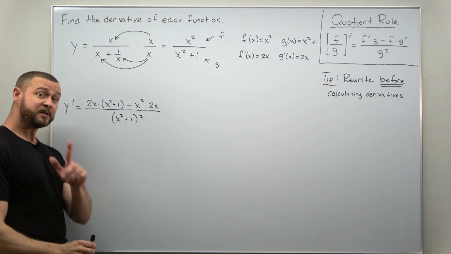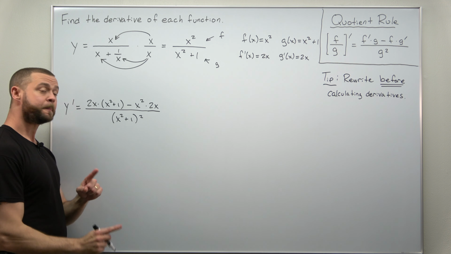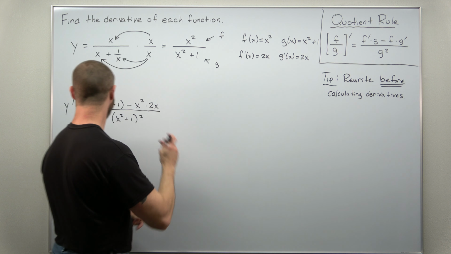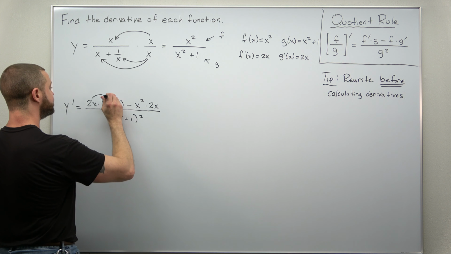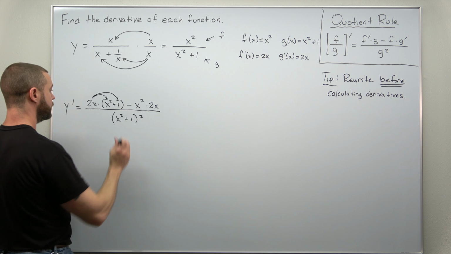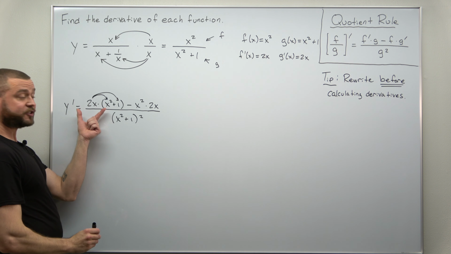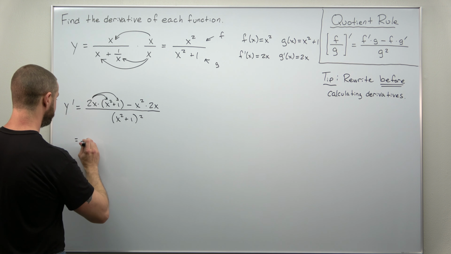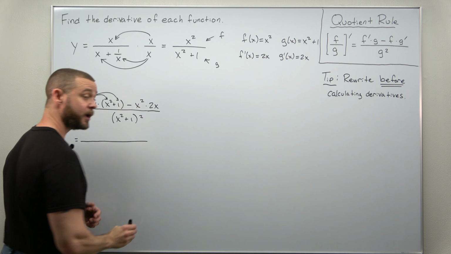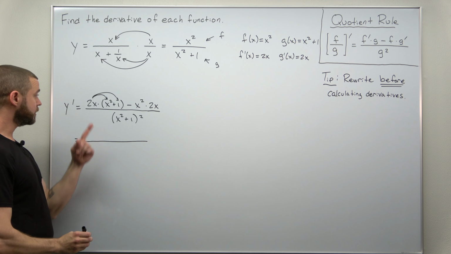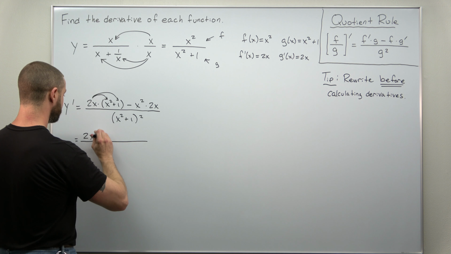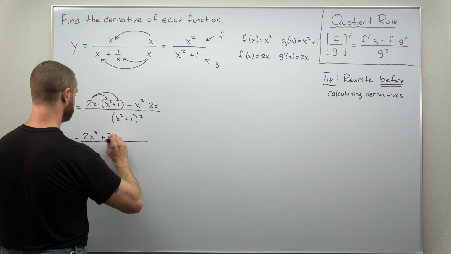All right, and you can probably see a term that's going to cancel due to the fact that both f prime and g prime were the same. When we go ahead and distribute here, you're going to get a 2x cubed term and then a minus 2x cubed term. And we should get a pretty nice simplified version for the derivative here. So just take your time. You'll get 2x cubed plus 2x.